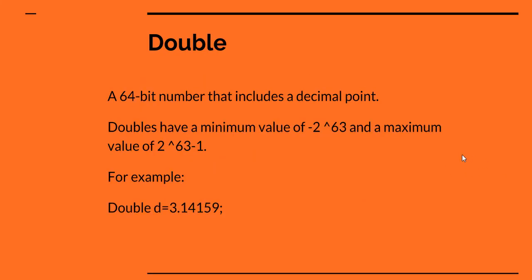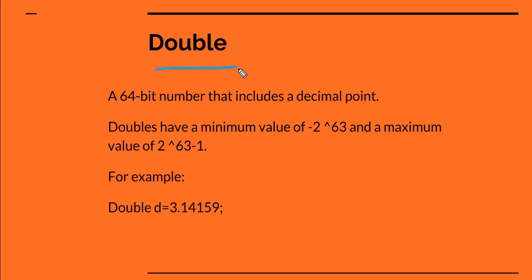Double. Double also includes a decimal point, but it's a 64-bit number. What does that mean? If you have to store a large decimal number, let's say I wanted to store the distance between the sun and the earth, that's a large number. In order to store a large number which has a decimal point, you will go for double.